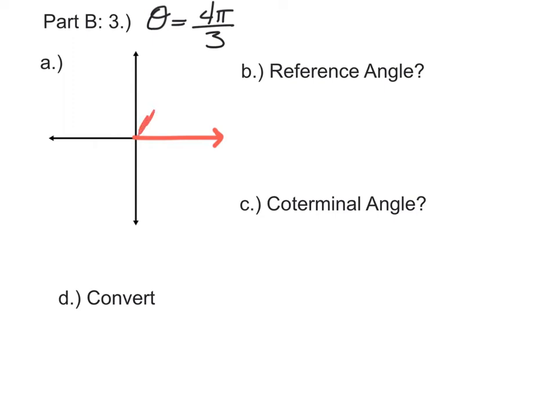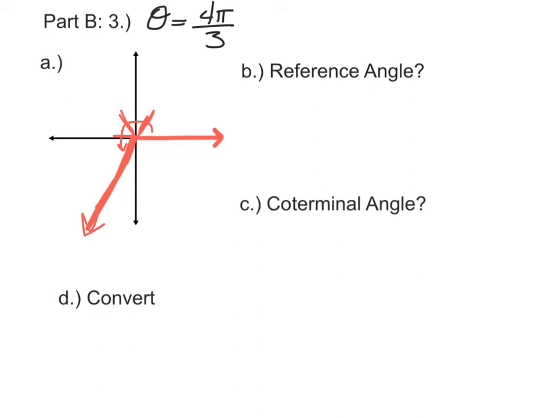So that would be 1 pi over 3, 2 pi over 3, and 3 pi over 3 brings us over to 180 degrees, or pi. So to get to 4 pi over 3, we're going to be the pi over 3 angle in the third quadrant. So the terminal side of the angle will be right here. And of course, we should put our arc to signify this is the angle that we're talking about.